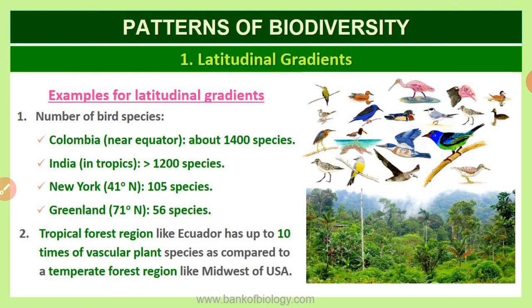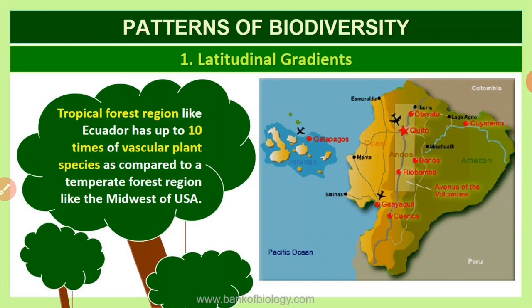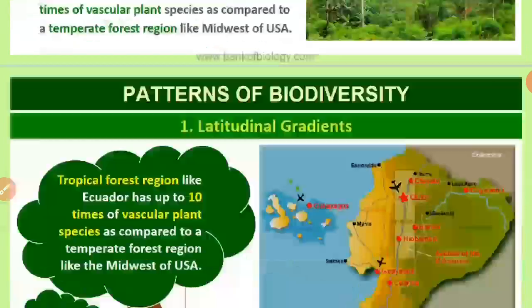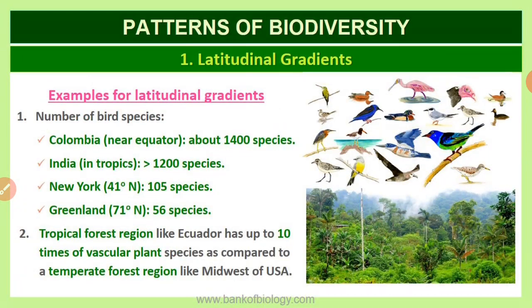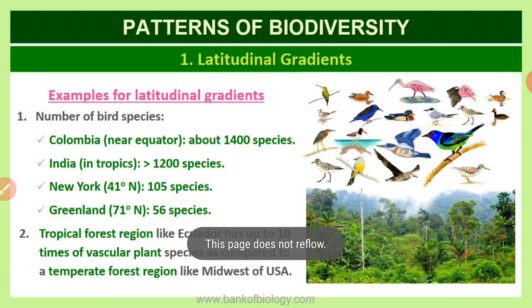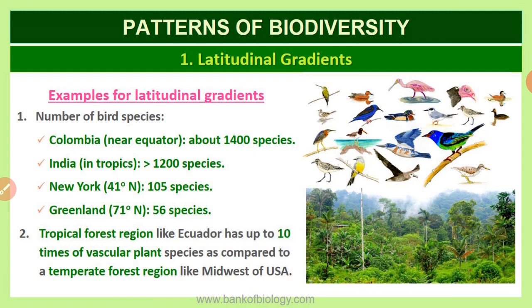This is the species diversity you find in the Amazon rainforest. Another example for latitudinal gradients is that tropical forest regions like Ecuador have up to 10 times the vascular plant species compared to temperate forest regions like the Midwest of USA. So this is all regarding latitudinal gradients.